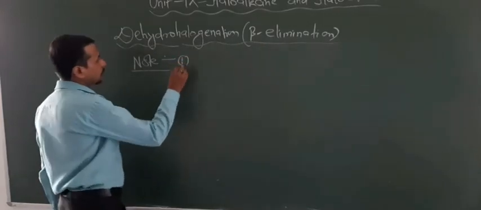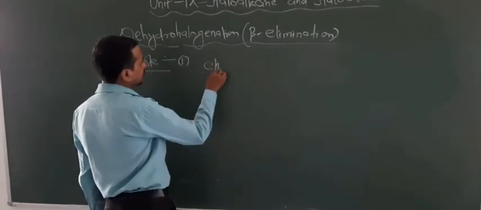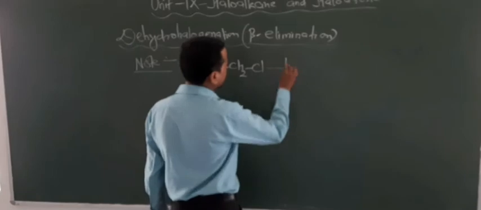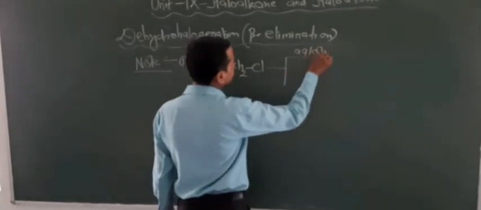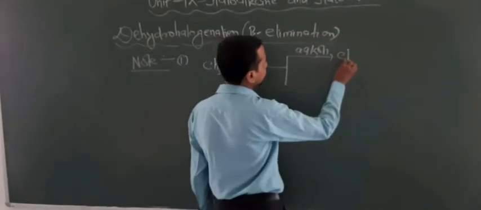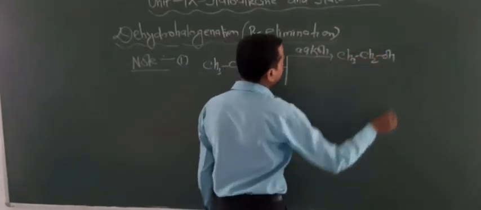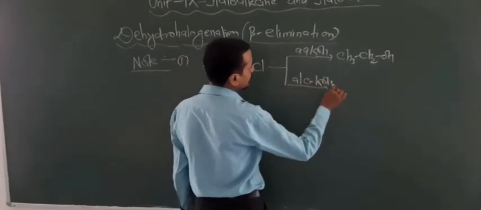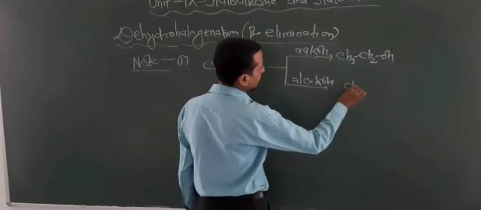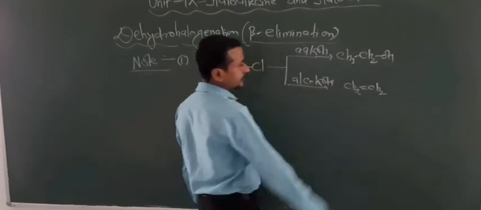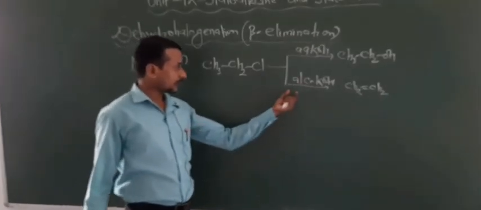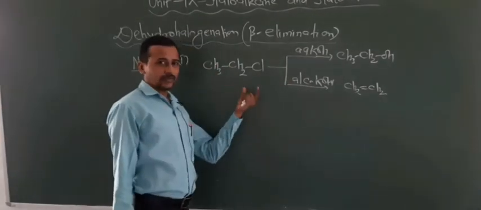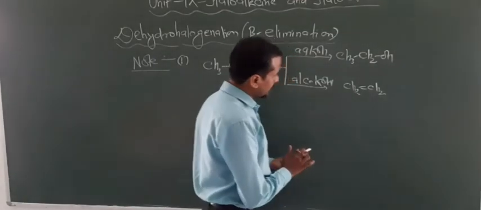So first of all, one question arises: when alkyl halide reacts with aqueous KOH, it will give the product alcohol, but when alkyl halide reacts with alcoholic KOH, the product is alkene, that is dehydrohalogenation.